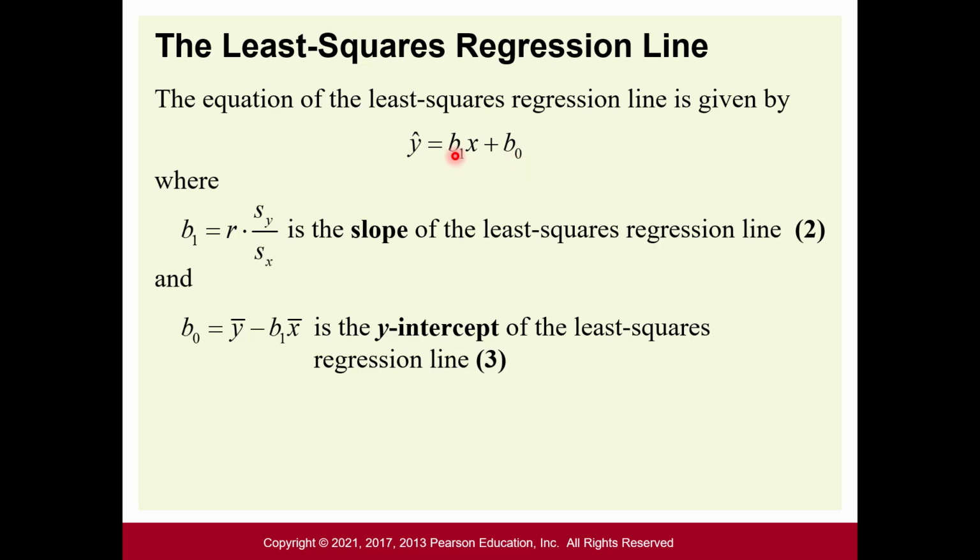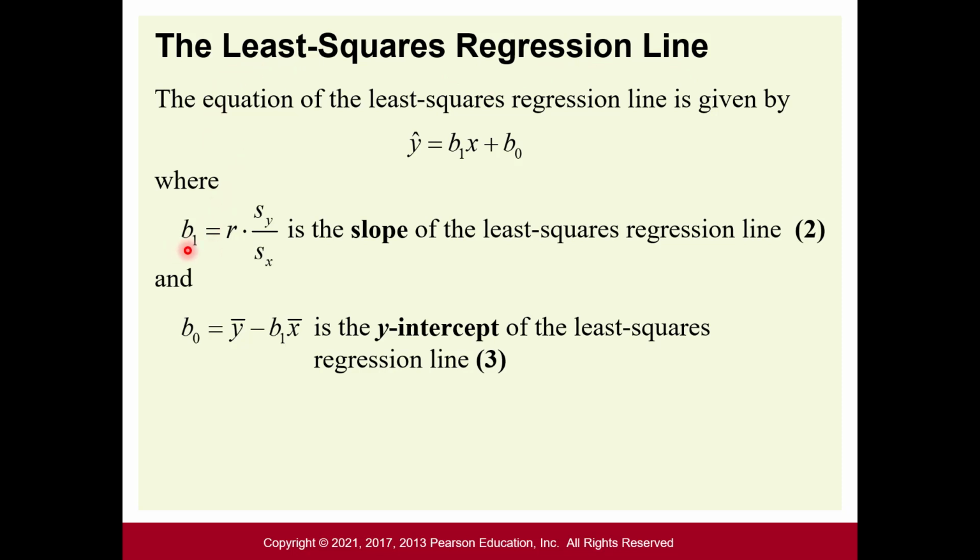And remember, when it's in the form y equals something x plus something, that something multiplying x is the slope. So b sub 1 is our slope. In this case, we have a formula for how to calculate the slope specifically for our least squares regression line. So what we're looking for is the line that gives us the best fit.